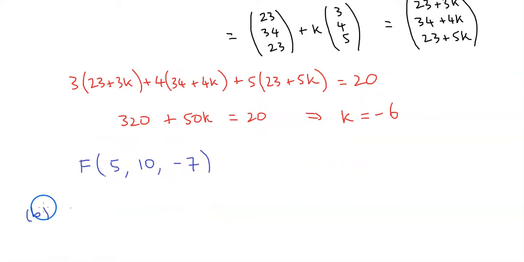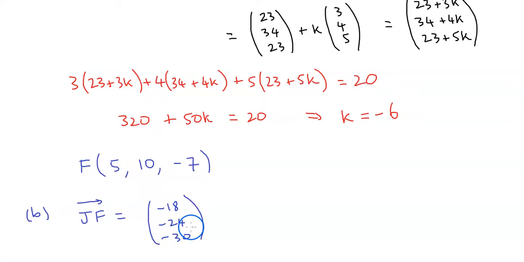So part B, we have that JF is equal to k times (3, 4, 5), where k is equal to negative 6. So that would be negative 18, negative 24, and negative 5 times 6, so negative 30.